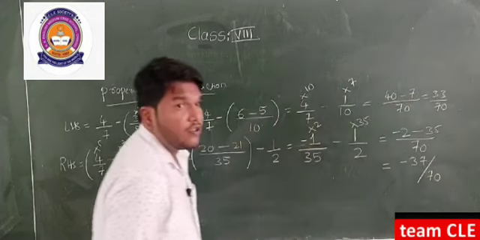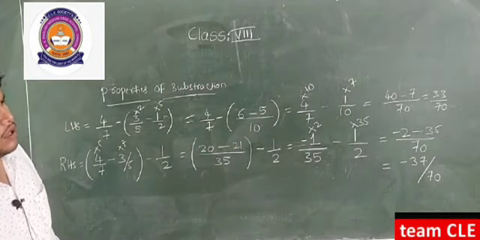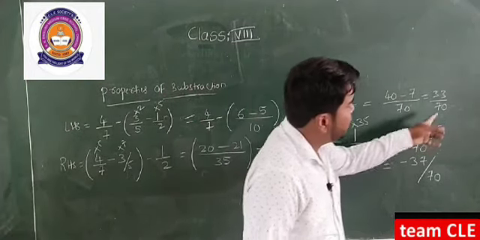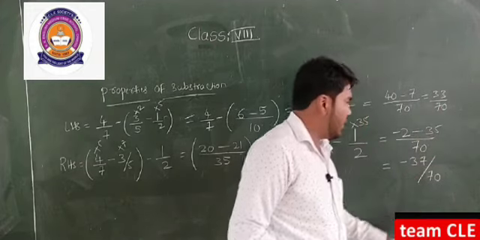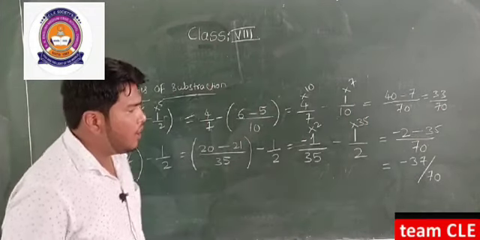So I am getting LHS equal to 33 by 70 and RHS as minus 37 by 70.